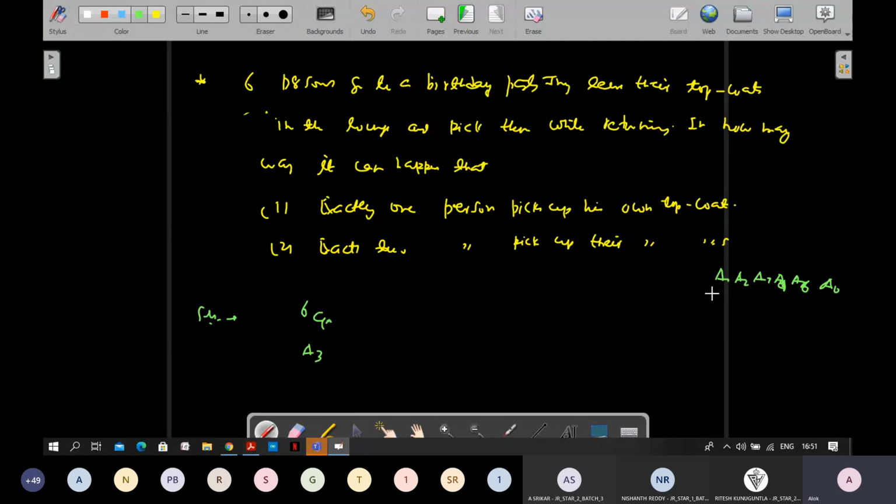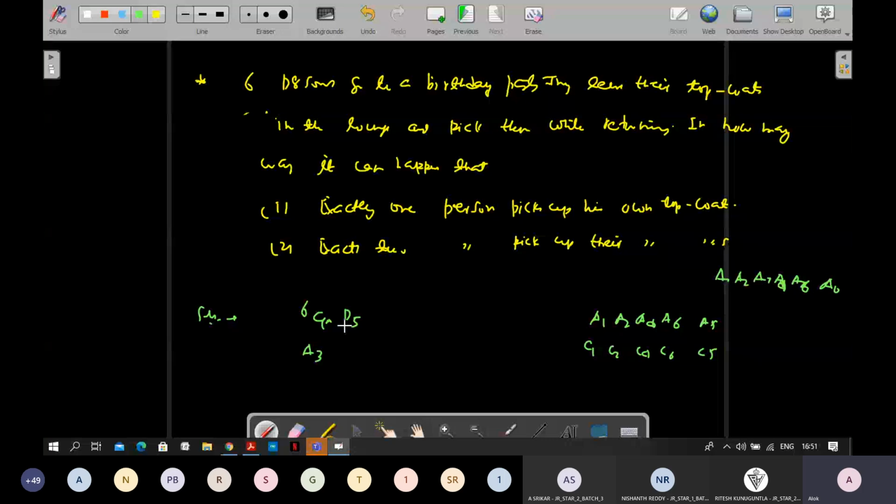After that, there are 5 people remaining, A1, A2, A4, A5, A6, with A3 not there, and their coats C1, C2, C4, C5, C6. Now it is a derangement, because A1 does not get his own coat C1, A2 does not get C2, and so on. So the number of ways in which none of these 5 gentlemen get their own coat back is D5.